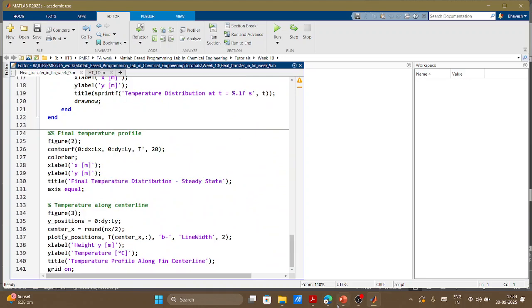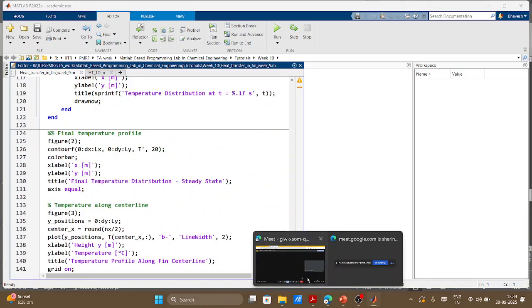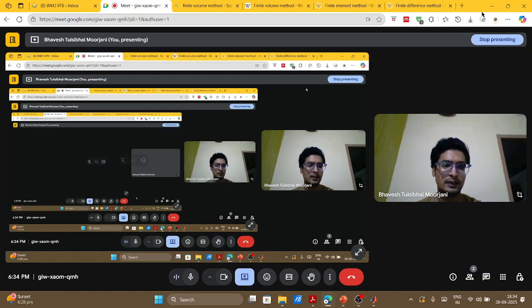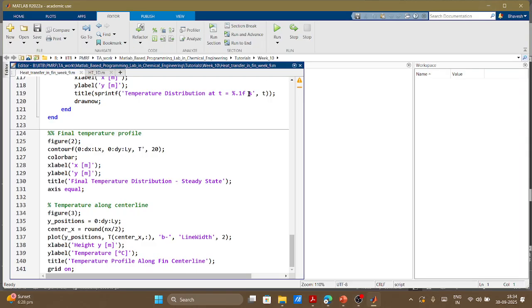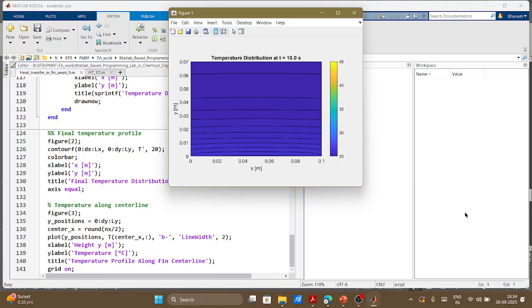So this is one approach, the finite difference method, that we use to solve the two-dimensional heat transfer problem, right? And if you run this, this is how our profile is changing with respect to time, okay?